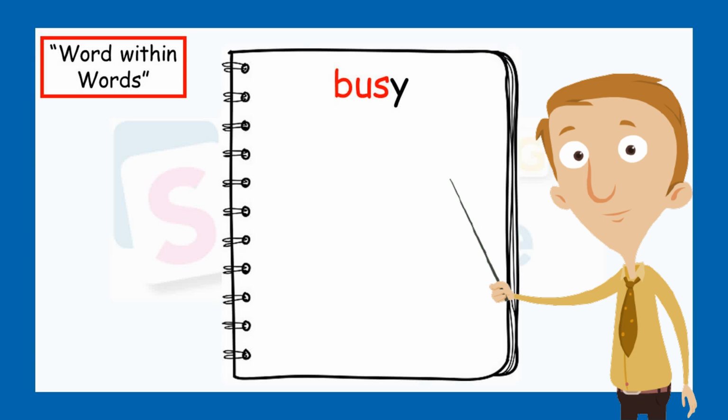As an extra help, I'm going to write a silly sentence that has this small word, bus, and my spelling word, busy, in it. So the sentence I'm going to remember is the bus is busy. This will help me when I'm trying to remember how to spell the word busy. I just think of my silly sentence and the little word that I found inside of the bigger word.